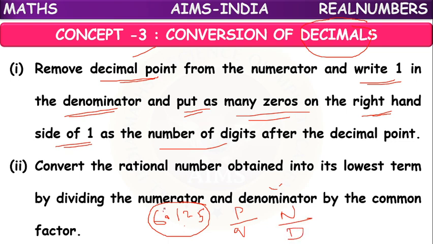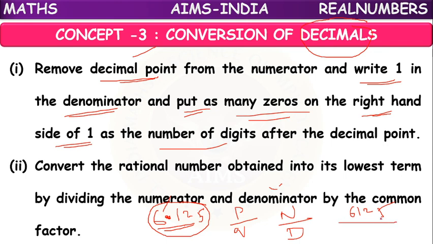What we have to do? We have to remove the decimal point. If we remove the decimal point, the given expression will become 6125.